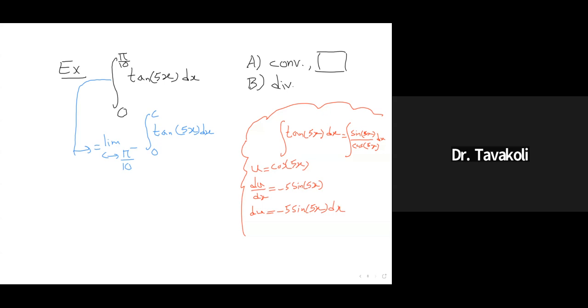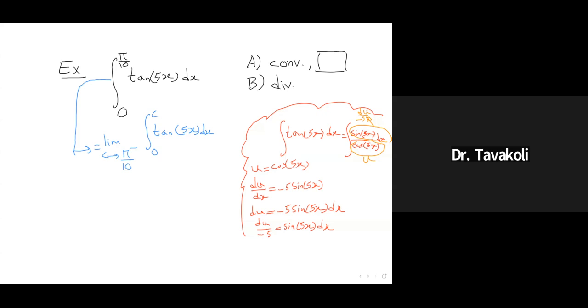The denominator became u. I need sine of 5x dx. So I need to divide both sides by -5. So du over -5 is sine of 5x dx.